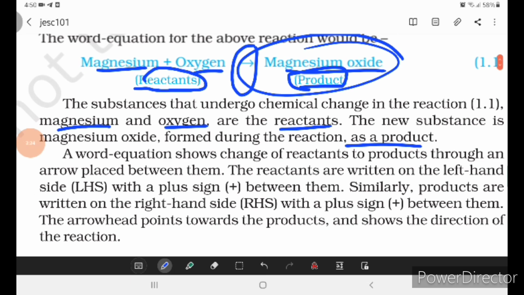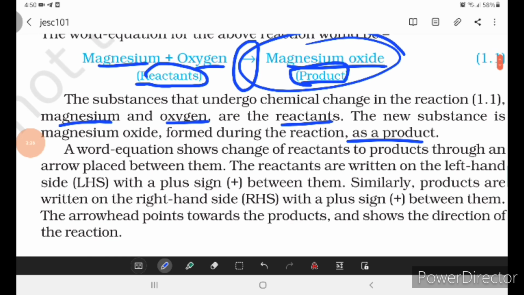If you observe this word equation, it shows that the change of reactants to products is represented with the help of an arrow heading towards the products. The reactants are written on the left hand side, as I already told you, with a plus sign in between them. Similarly, products are written on the right hand side with a plus sign between them as well.